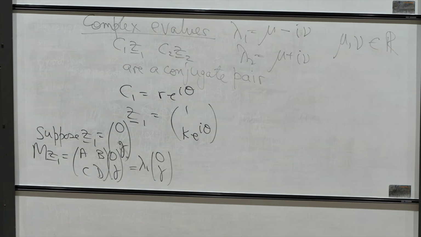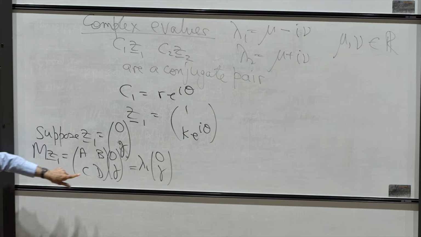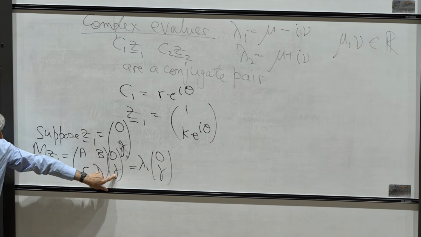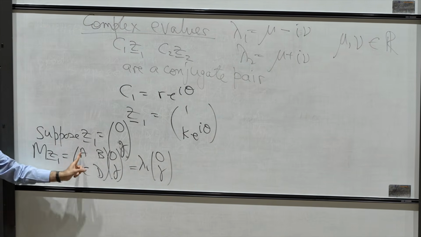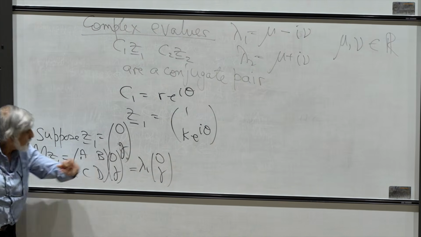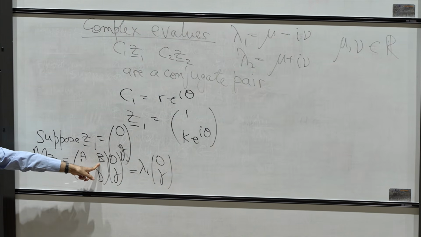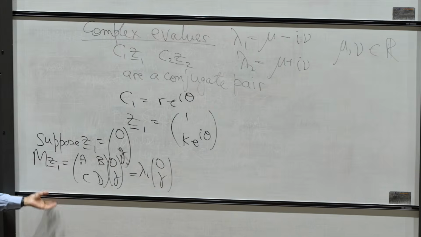So for gamma to be non-zero, B has to be 0.